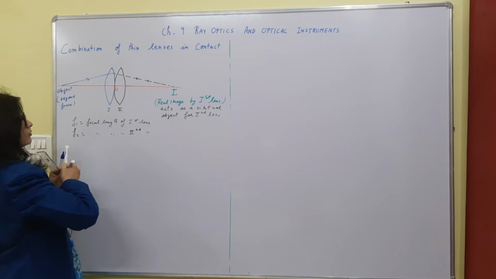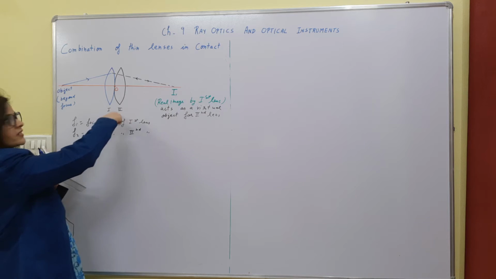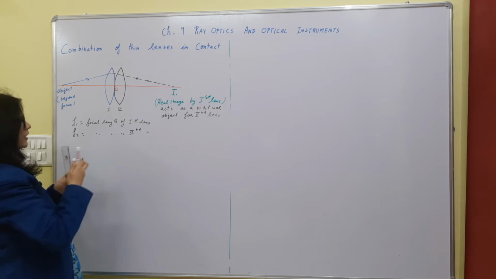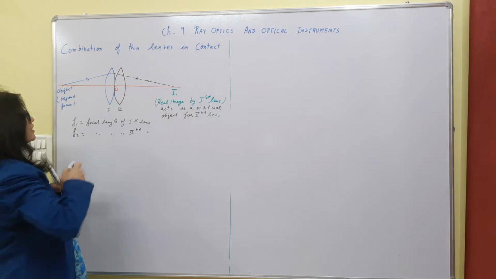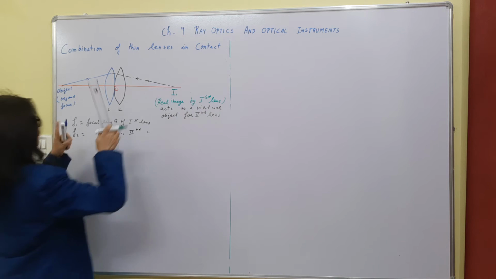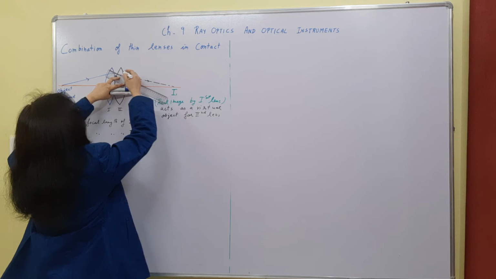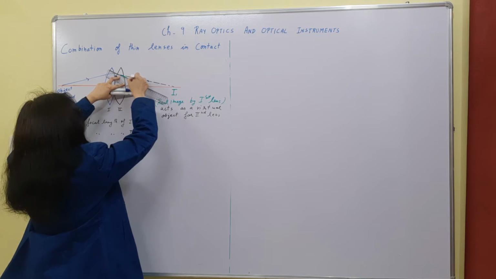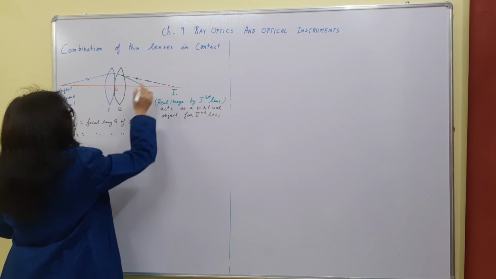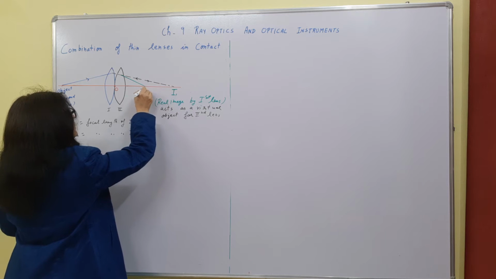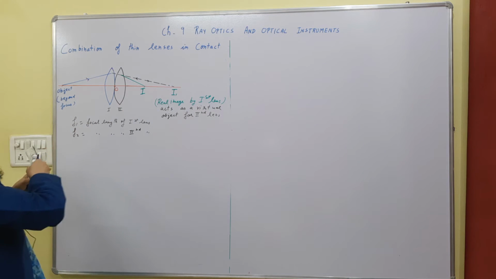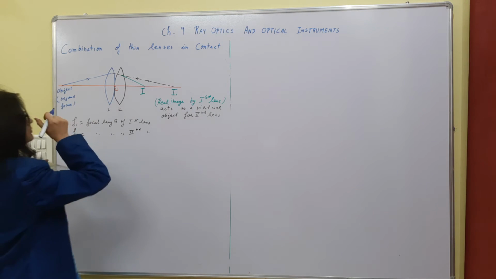So what will it do? The second lens is also convex in this particular case, so it will converge the rays more. So where will the image be formed now? Instead of forming here, the image will be formed closer. So this is the final image.